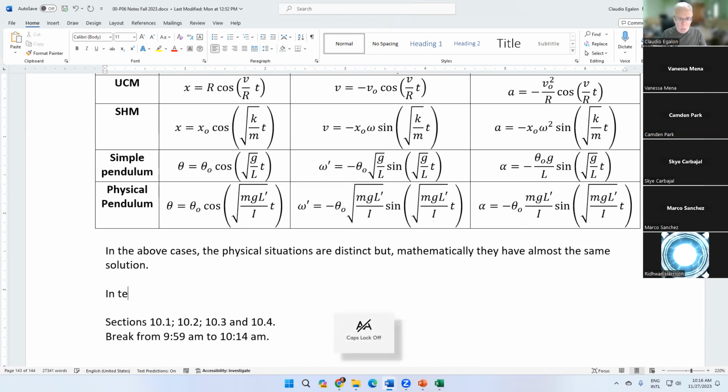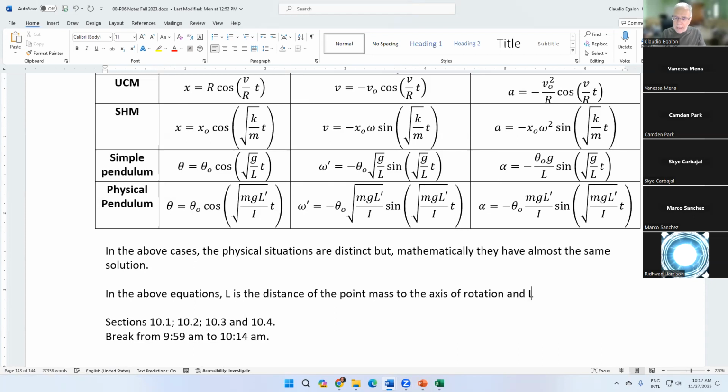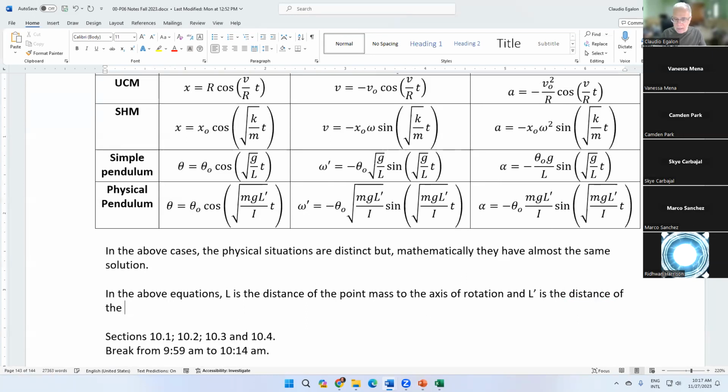In the above equations, comma, L is the distance of the point particle, the point mass, right? The point mass to the axis of rotation, and L prime is the distance of the center of mass of the rigid body to the point of rotation.